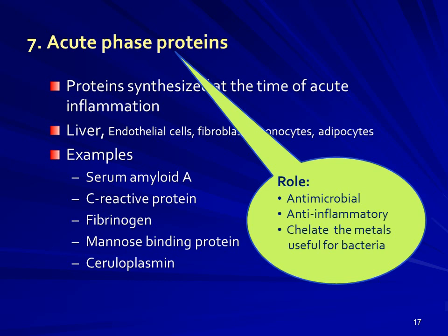These acute phase proteins, produced during acute inflammation, have a great role in innate immunity by means of their antimicrobial activity, anti-inflammatory activity, and also they chelate metals like iron, which are useful for bacterial growth.